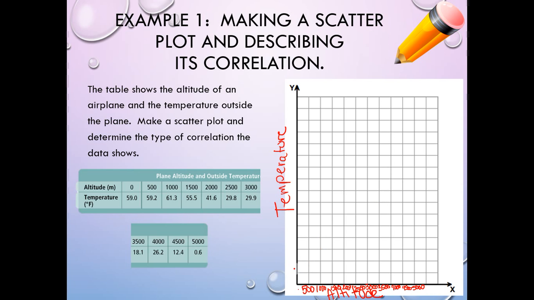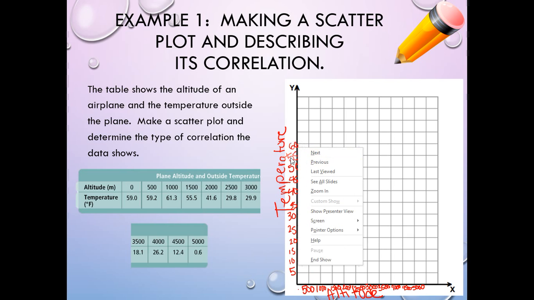So let's go by 5s here. 5, 10, 15, 20, 25, 30, 35, 40, 45, 50, 55, 60, and there's nothing above 60, so that works. So at 0, I'm going to be at 59, so it's really close to 60, so I'm going to put a dot there.